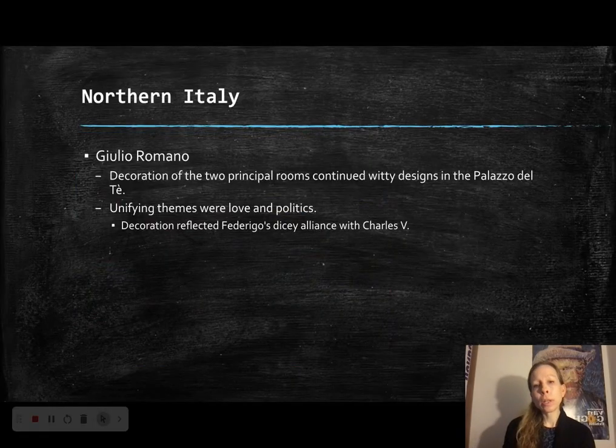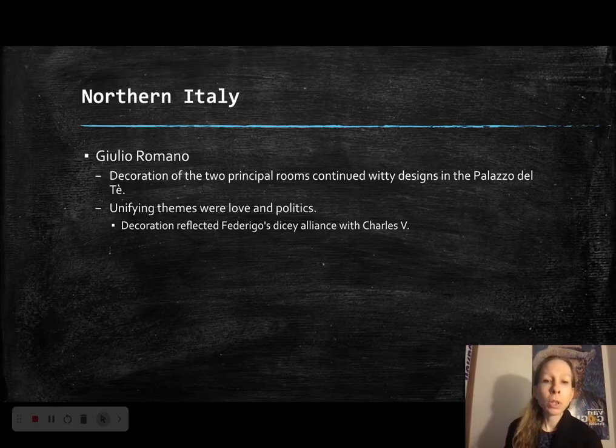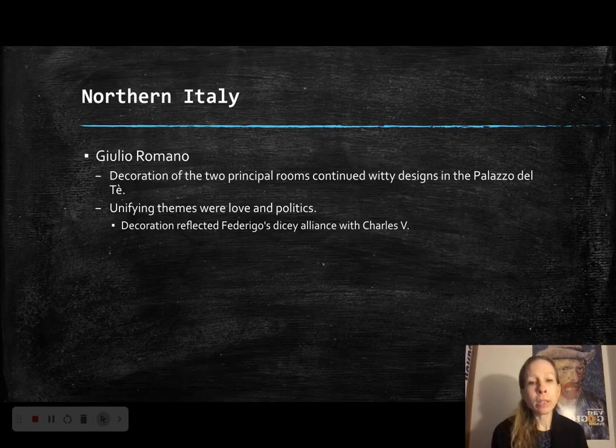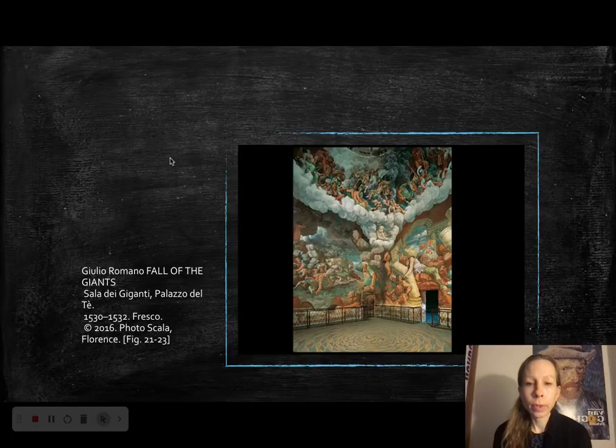It had decoration of two principal rooms. There are witty designs in the Palazzo del Te, and the unifying themes were love and politics. The decoration reflected Federico's alliance with Charles V. And here is Giulio Romano's Fall of the Giants, Sala dei Giganti in the Palazzo del Te.